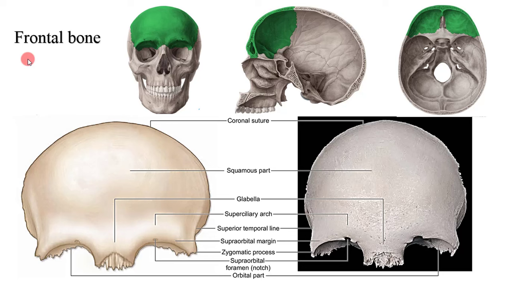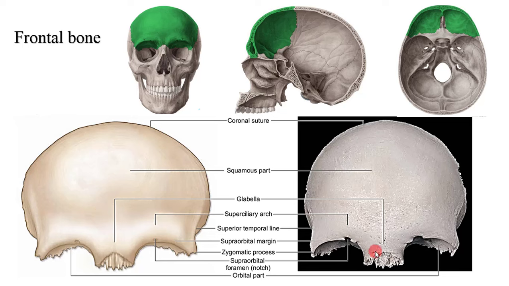So, let's talk about some bony landmarks associated with the frontal bone. And the first one we can see here. It's a smooth and slightly elevated area above the nasal root and is known as the glabella. The squamous part of the frontal bone is the vertical flattened region.